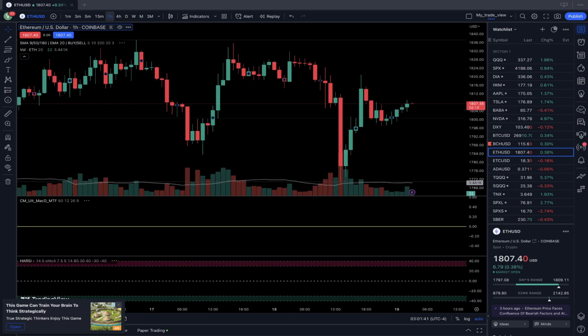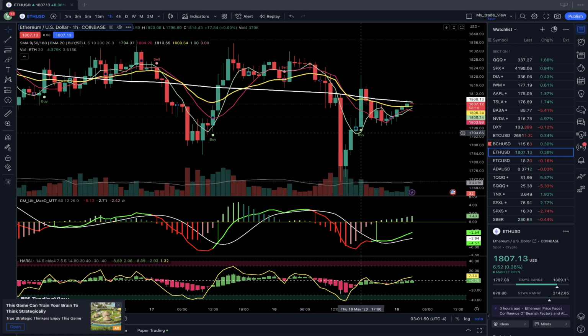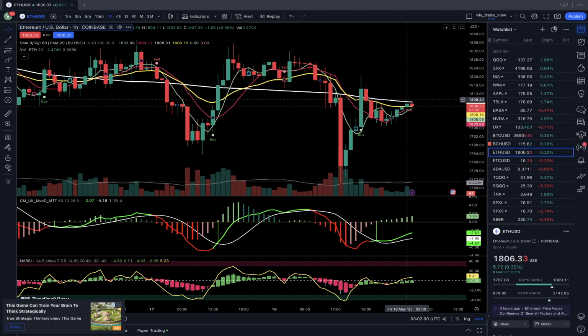On the 1 hour time frame, it should be bullish, and it is bullish. It was a nice sell-off, but it did a bullish recovery, a quick bullish reversal signal. The moving average is still below 200, still bearish, but it's trying to move above 200 again.